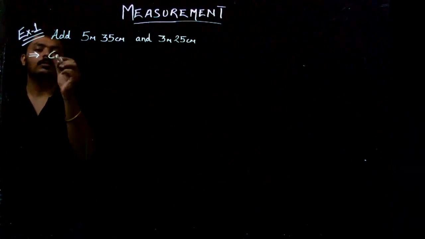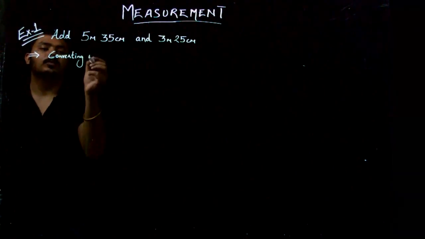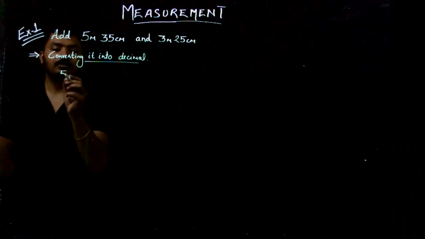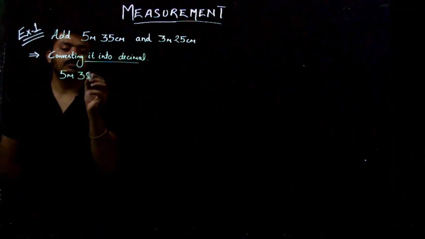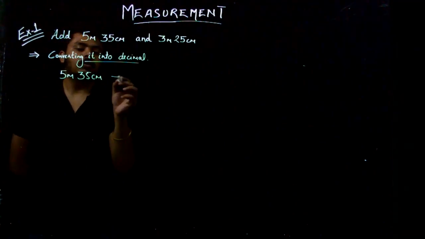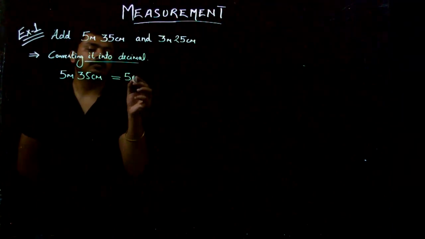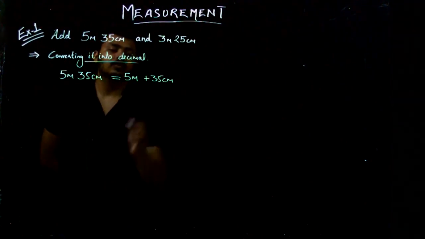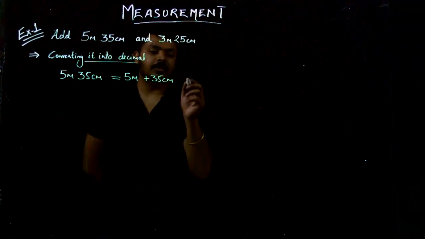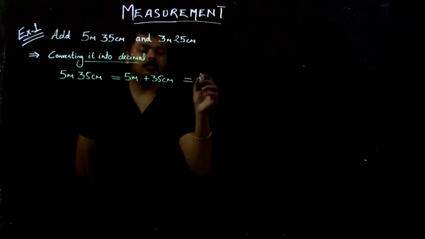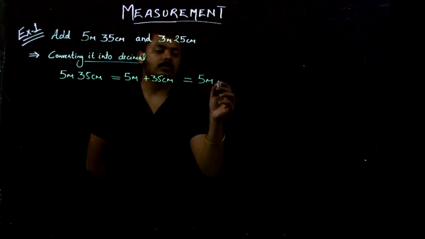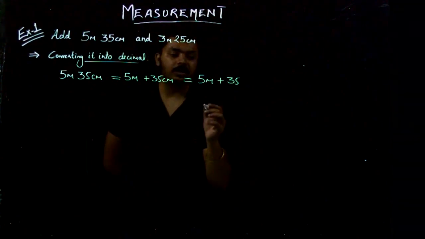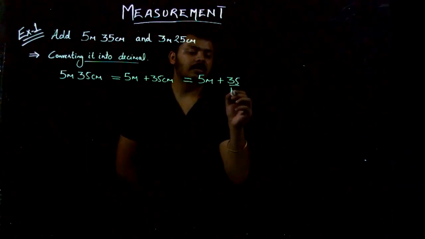So first converting it into decimal form. So 5 meter 35 centimeter can also be written as 5 meter plus 35 centimeter. Now 35 centimeter can be converted to meter form by dividing by 100.